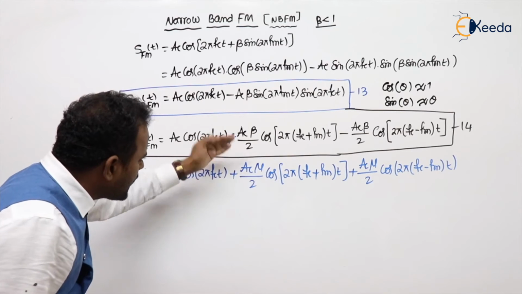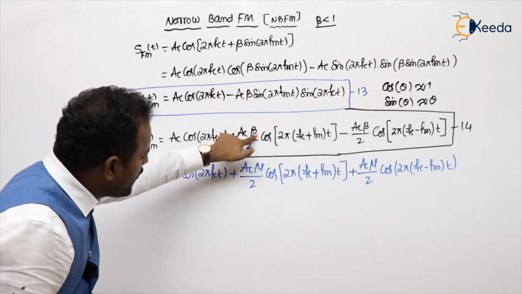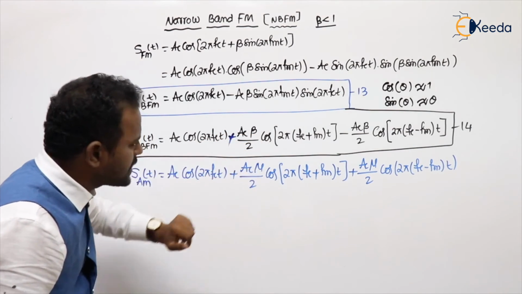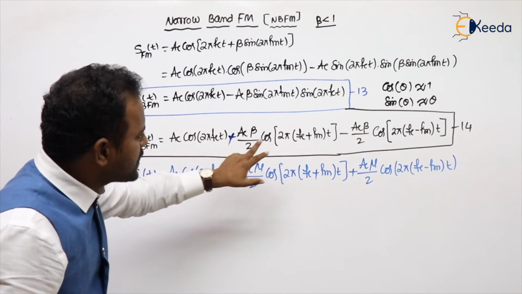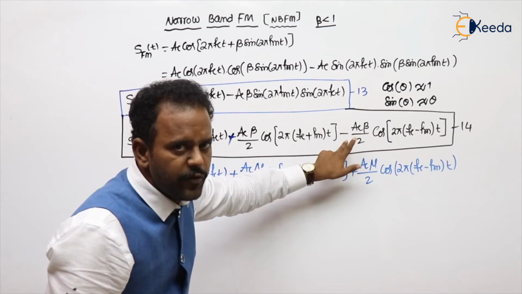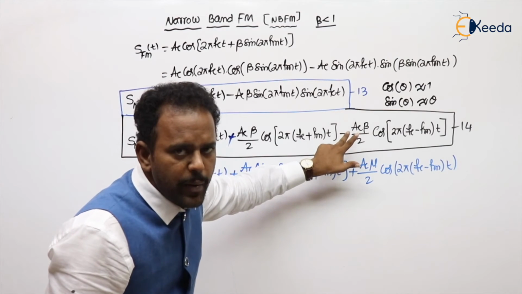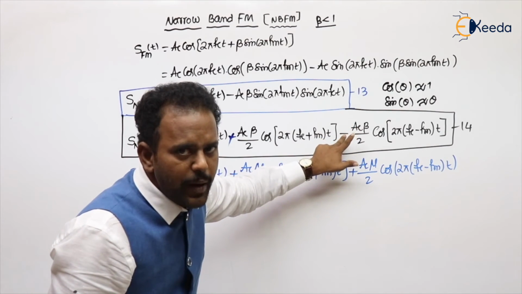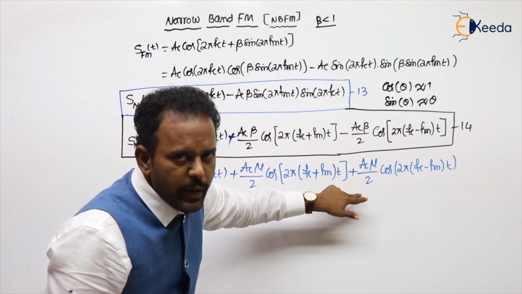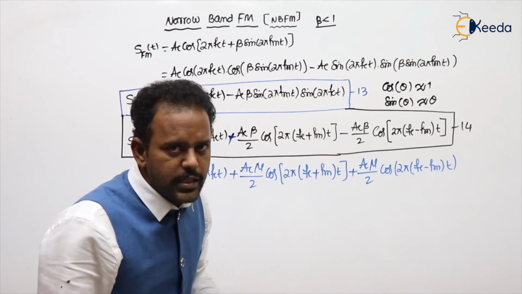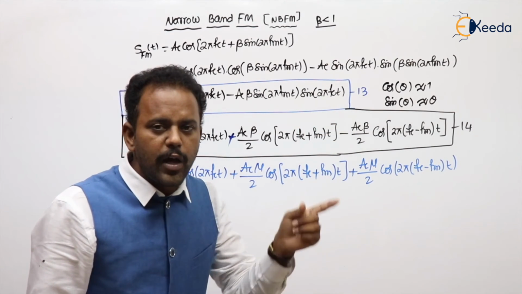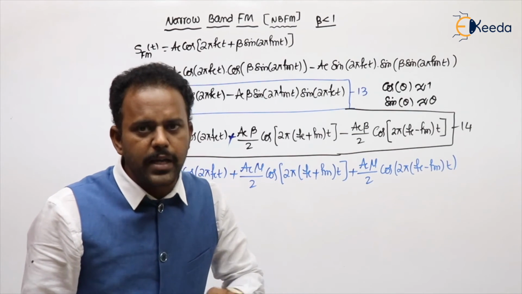So NBFM does not have any practical significance, because of its similarities with AM. Even if we compare the expressions for equal values of beta and mu, both less than 1, both are the same except for a 180-degree phase shift. If signals differ by phase, there is no change in the magnitude spectrum. The magnitude spectrum of AM and NBFM are the same, so the power and bandwidth requirement of NBFM is the same as AM.